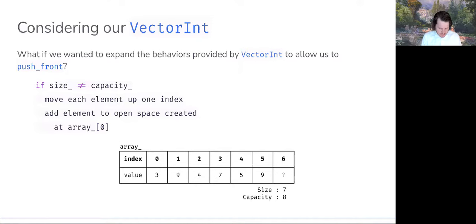So here's an array, and we can assume that this is an array owned by some VectorInt object. And currently it is of size 7, so there's 7 elements within it, and its capacity is 8. We can see the index is shown in the top row in bold with the value at the corresponding index shown in the second row here.